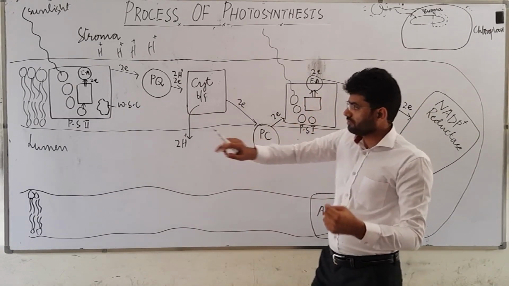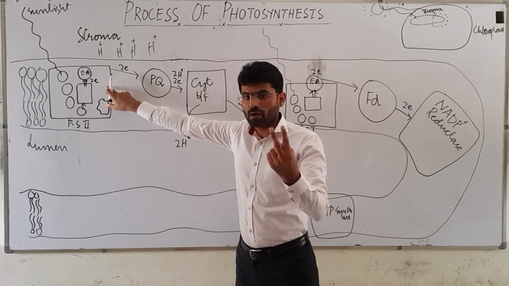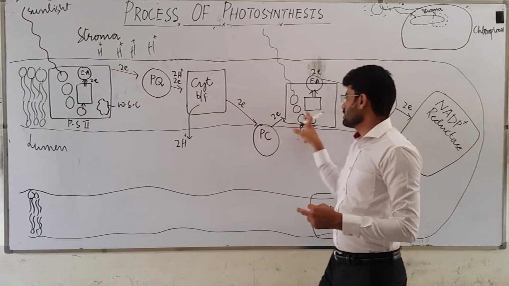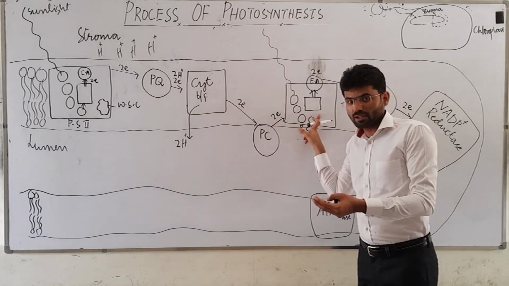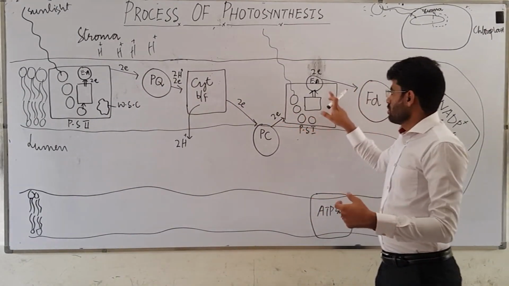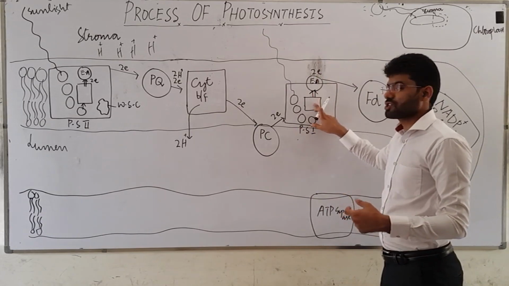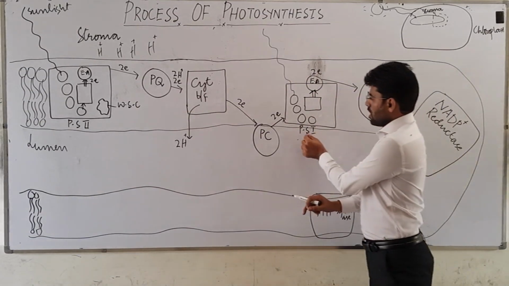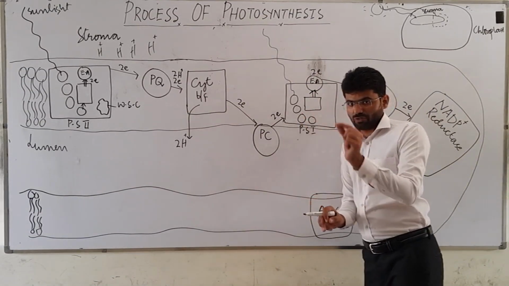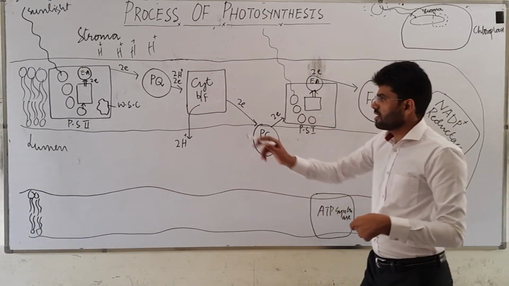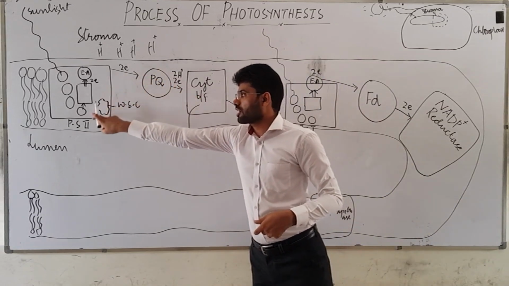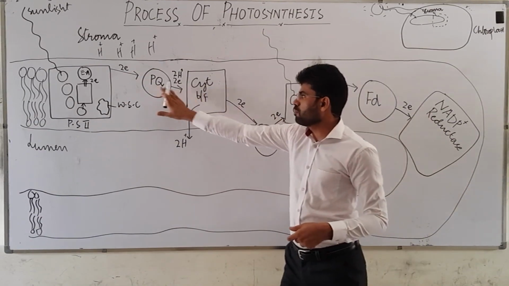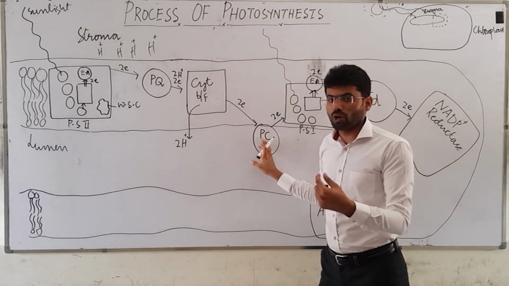So you can say the electrons which are coming from PS2 are given to PS1. Now the story will start with the two electrons which are lost by PS1. I repeat, the loss of electrons of PS1 is compensated by those two electrons which are coming from PS2 to PS1 through these mobile electron carrier molecules.